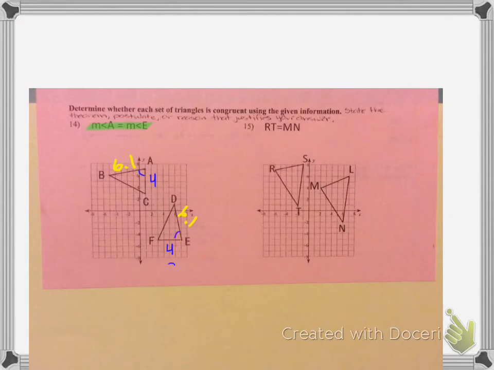So I have side, angle, side congruence. When I write down my reasoning why, I'm going to say yes, they are congruent by side, angle, side. That's my congruence theorem that justifies my answer.